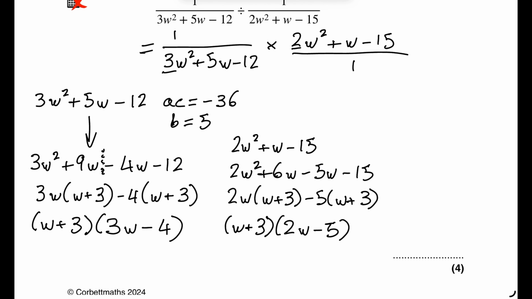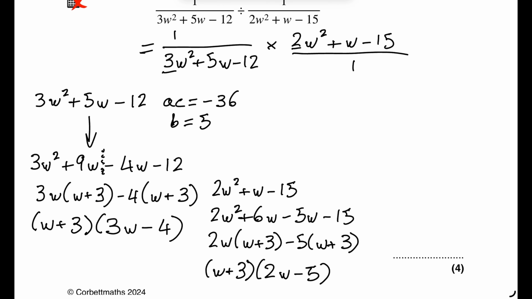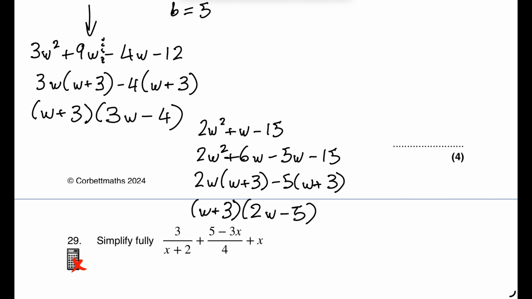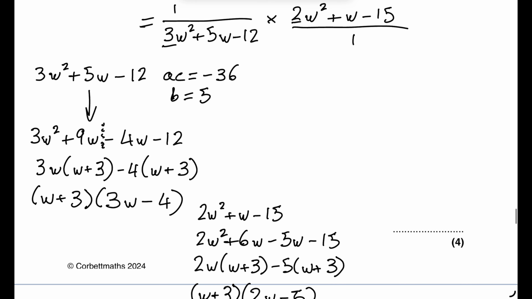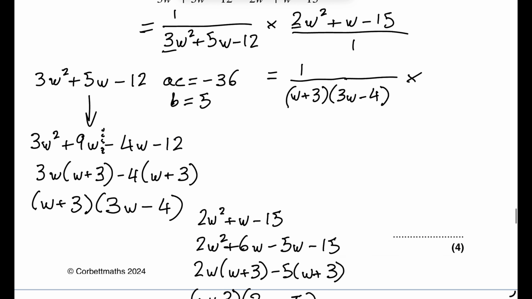Okay, right, I'm just going to move this out the way a little bit, because I know we're a bit short on space. So, our fraction division is actually 1 over w plus 3, 3w minus 4, times w plus 3, 2w minus 5, over 1.